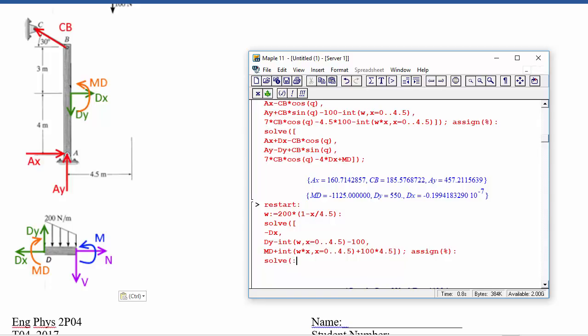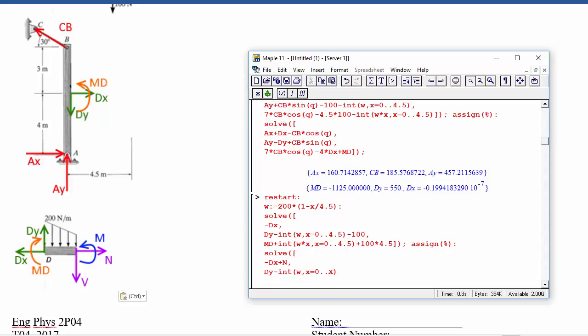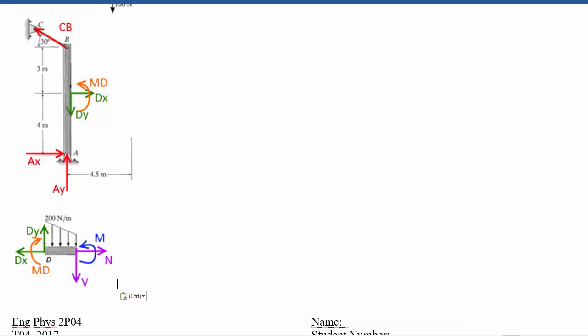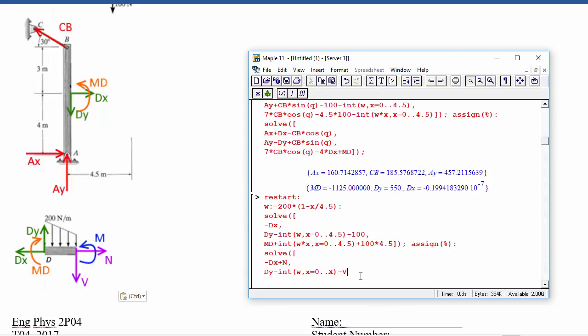So solve that in the x direction, we've got negative dx plus n. In the y direction, we've got dy minus int of w from x is 0 to, let's say, big X. That's a different x than this one. And we've also got in the negative y direction v. So what we can do, I think that's it. I don't believe we forgot any of the forces.